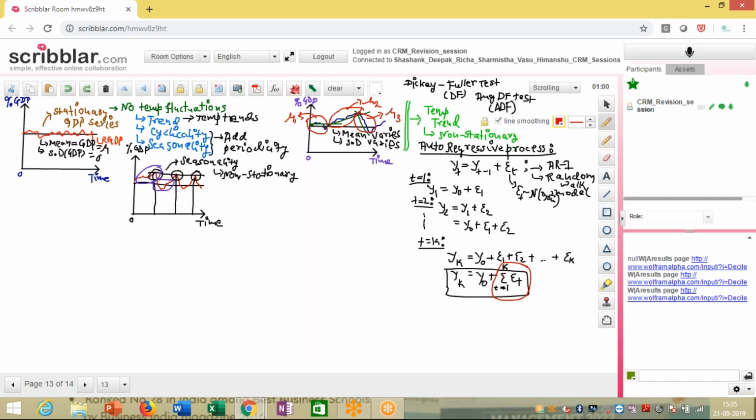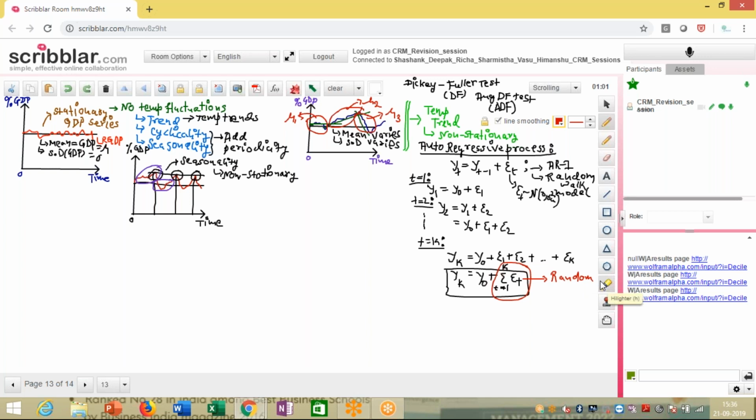Therefore we call this a random walk, because the value that y takes at any time period is determined by the white noise error, and not by any deterministic values of yt.